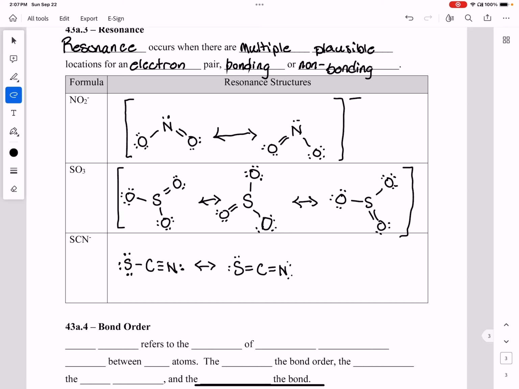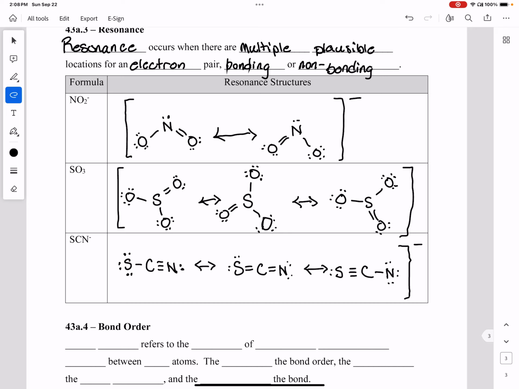Okay, and we even have a third option. And we can see that the octet rule is still satisfied.